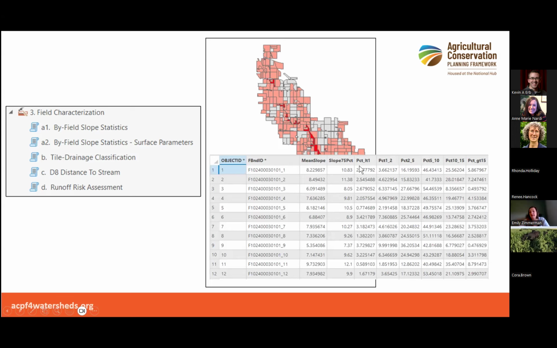So the percent less than 1%, 1 to 2, 2 to 5, 5 to 10, 10 to 15, and over 15. So you can start to understand the slope tendencies and the slope characteristics of each individual field. So perhaps mean isn't the most useful information that you're looking at. Maybe what you're trying to understand is the largest proportion of the field that lies within any one of these slopes. So you can sort it all kinds of ways, but this is one of the key outputs.